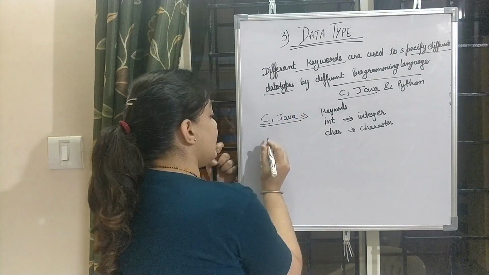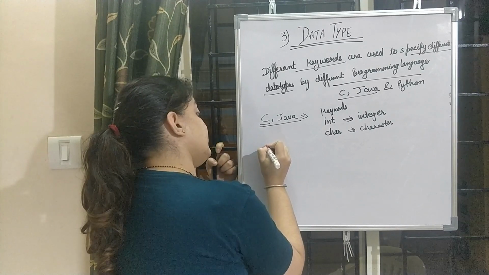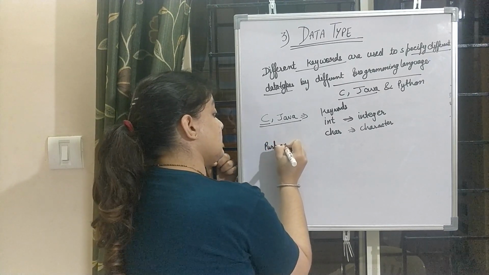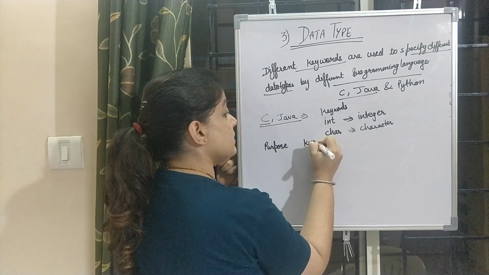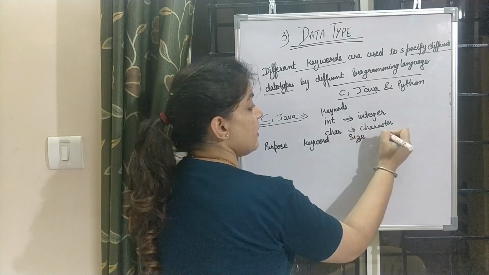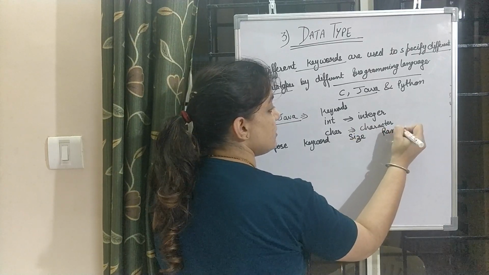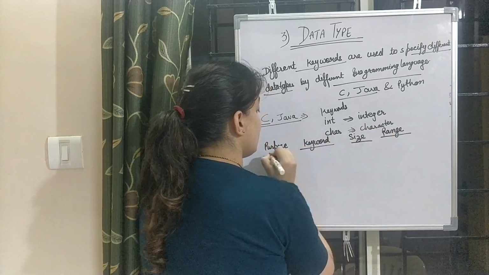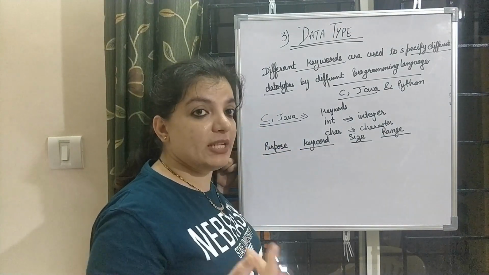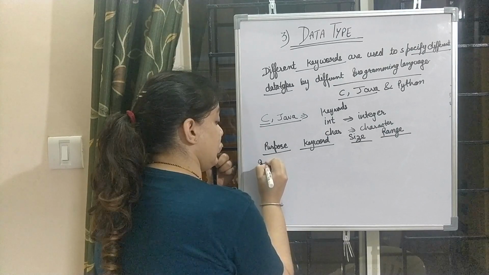So I am writing here: purpose, keyword, size and range. What is the purpose? Purpose means which type of data, like integer data type.